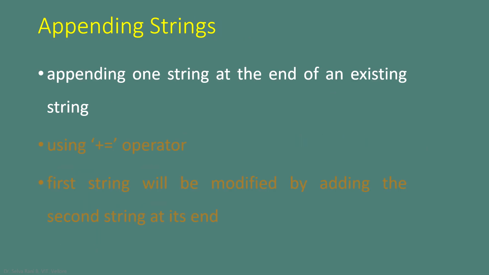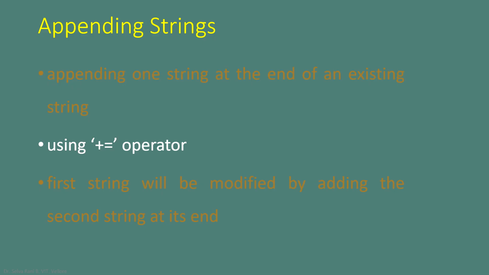Next one, appending strings together. Appending one string at the end of an existing string can be done with the help of the assignment operator plus equal to. It is a shorthand operator which will do addition as well as assignment together.